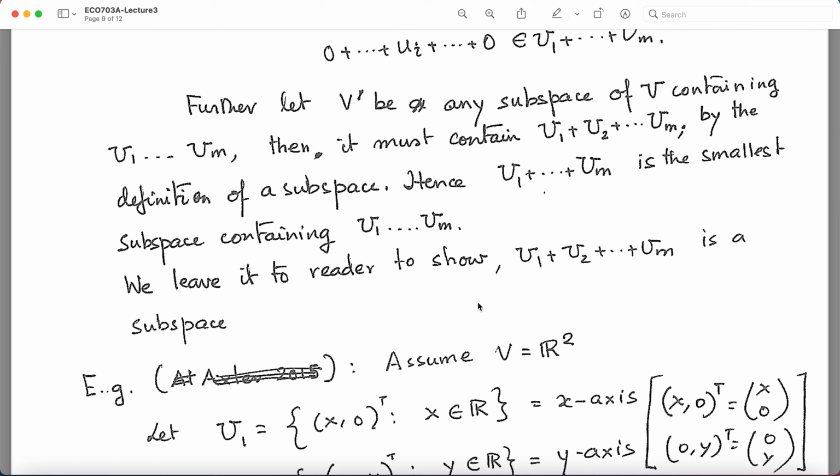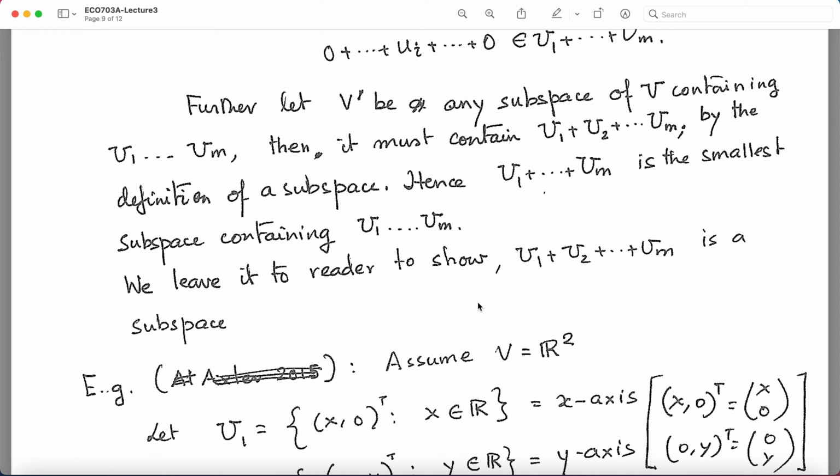Because v is in u1 plus u2, you can write it as v1 plus v2, where v1 is in u1, v2 is in u2, and w can be written as w1 plus w2, where w1 is in u1 and w2 is in u2. Now, you add v plus w. So, what will I get? v1 plus v2 plus w1 plus w2. Now, using the commutativity property, you can write v1 plus w1 plus v2 plus w2.